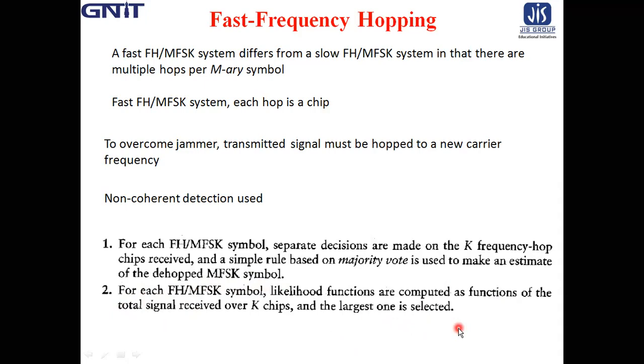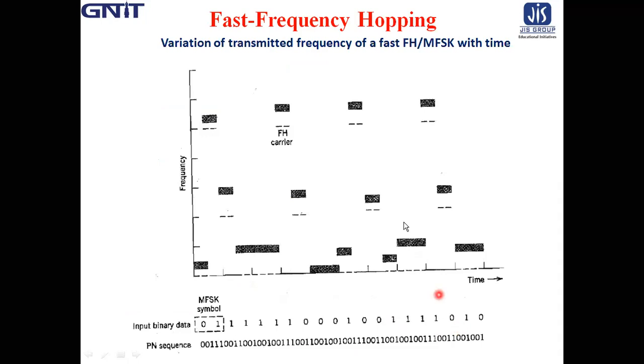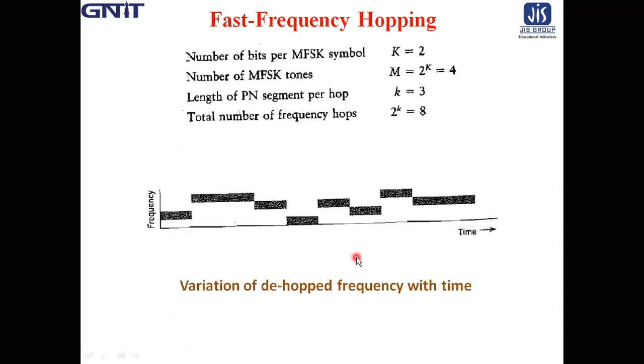Now, this is an example of variation of the transmitted frequency of a fast FHM FSK signal with time. This signal has the following parameters.